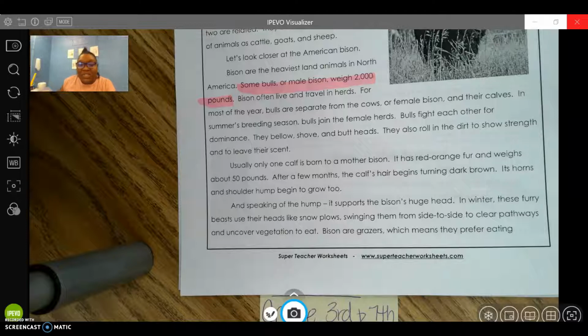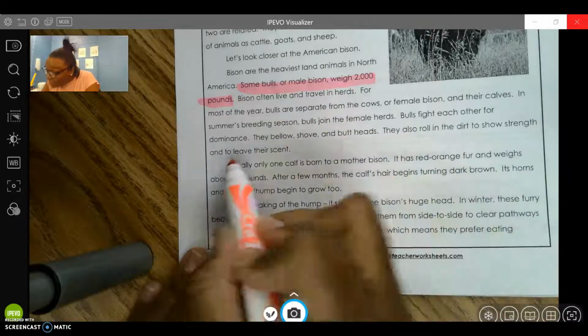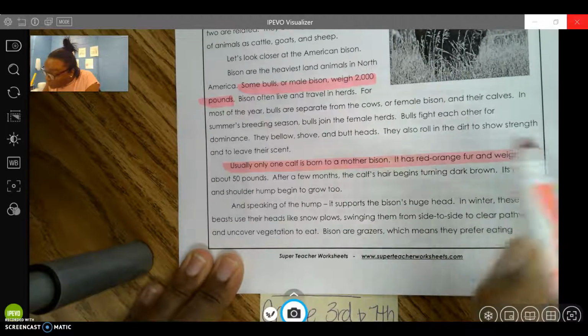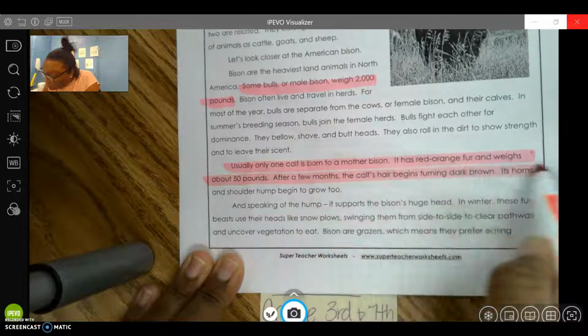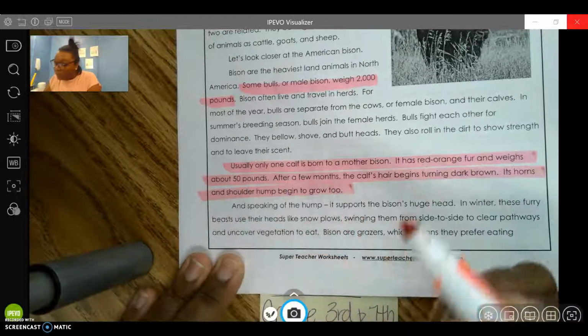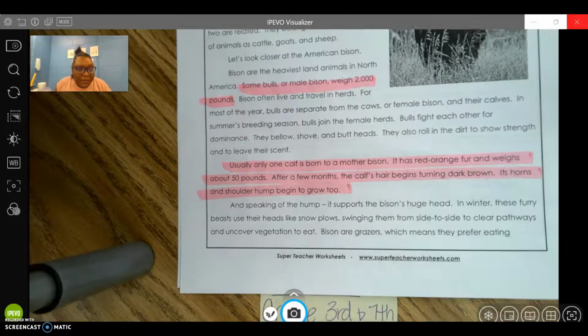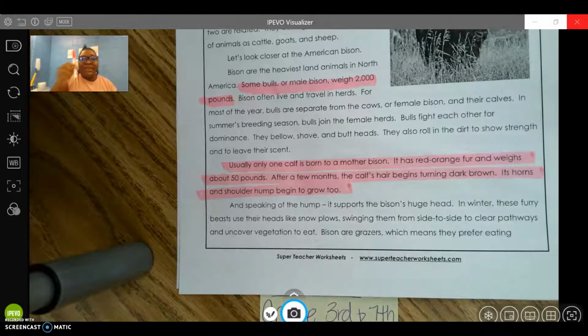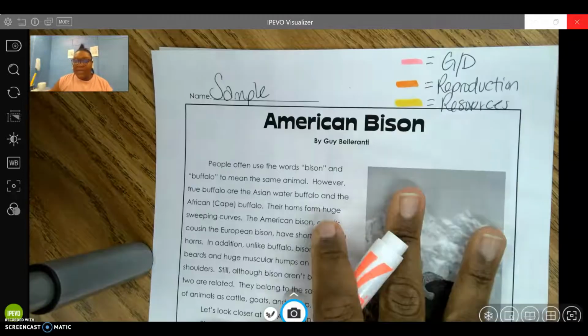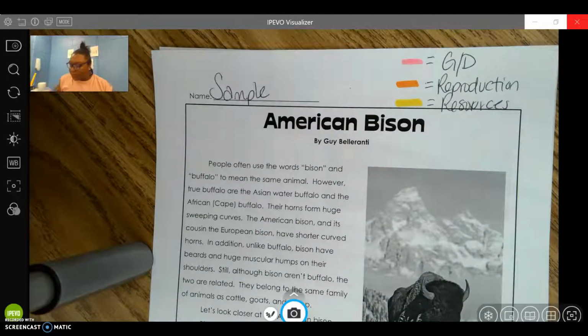But because this is talking about the weight and what they look like and their hair and body parts, this too is another example of growth and development. So remember, any examples of growth and development, my key tells me to highlight in pink.